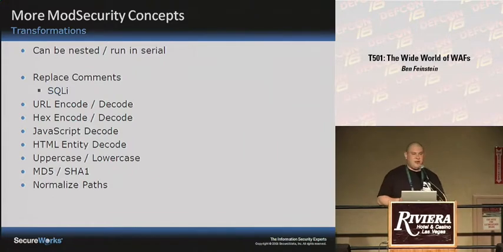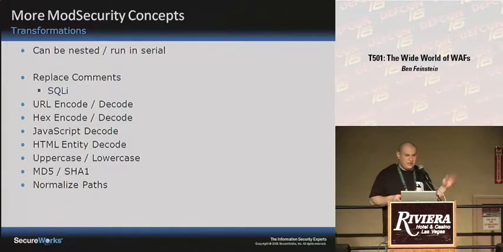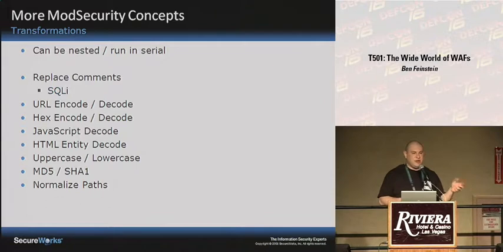Also, one very useful feature is it can normalize URI paths. So if you have directory traversal sequences, all sorts of strange directory traversals, it can normalize those into a nice standard normalized path that you can match against. So it's important to understand the transformations when you're looking at how to write rules and how to protect things with the mod security firewall.